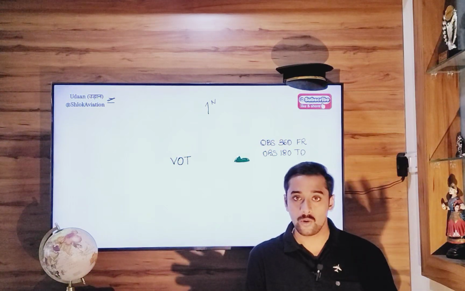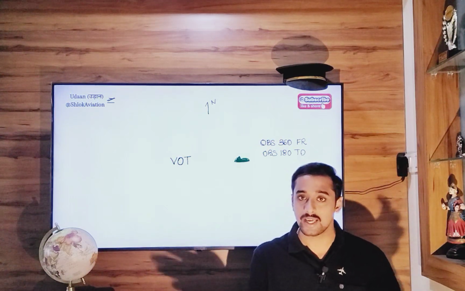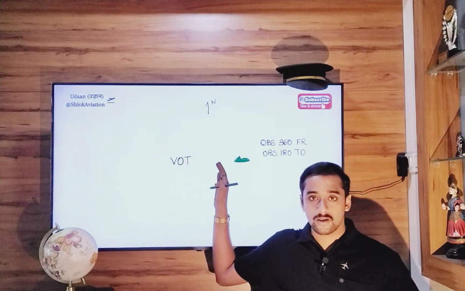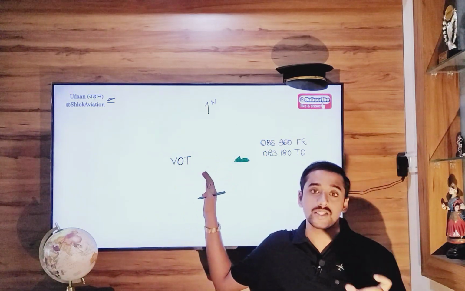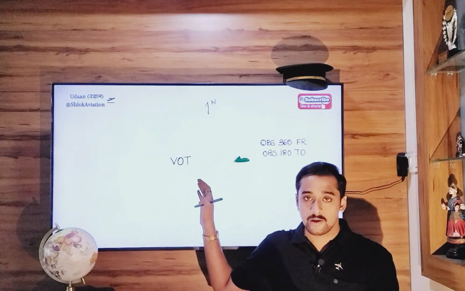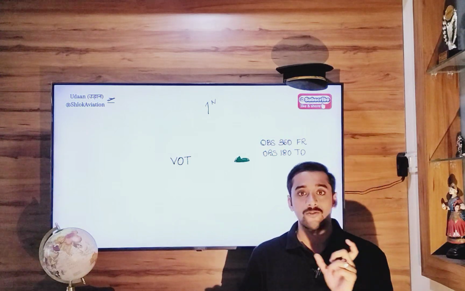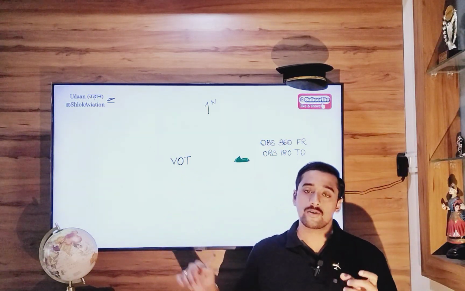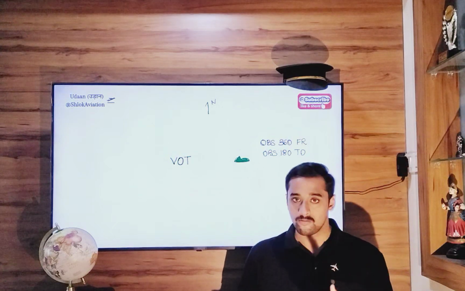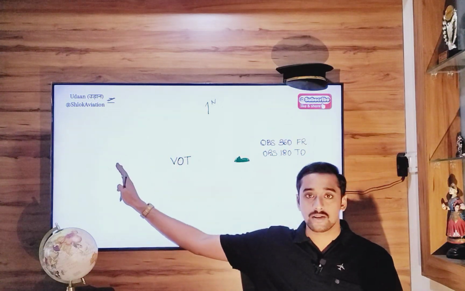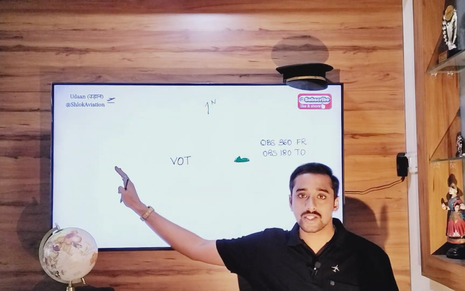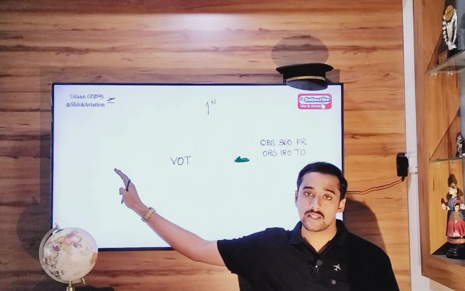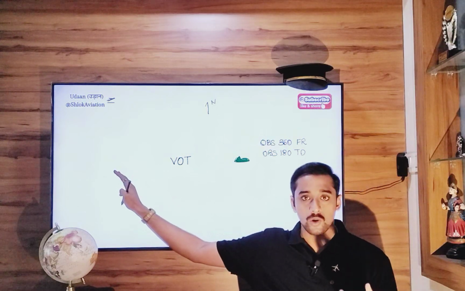If you are using any other VOR equipment other than a VOR test facility, and you are to the east of the station, you will be on radial 090 FROM, so your indication will be 090 FROM. If you are to the south of a VOR station, you will get OBS 180 FROM. If you are to the west of an ordinary VOR station, you will get an indication like OBS 270 FROM.